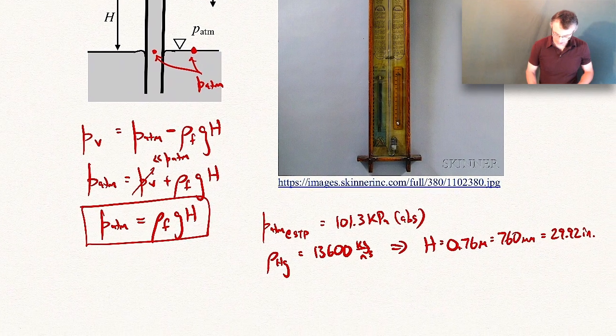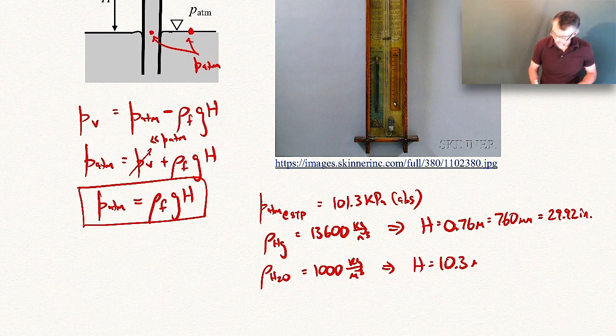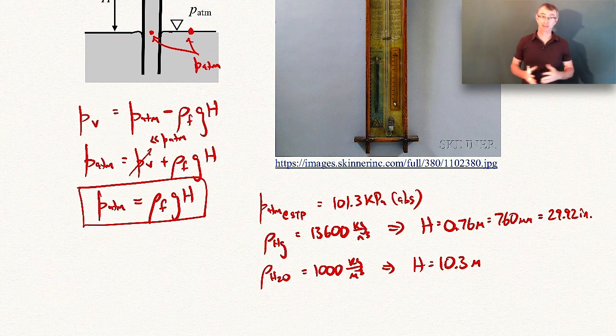It's a convenient height to work with. Let's see what we get when we deal with water. If you use water, which is 1,000 kilograms per cubic meter, the corresponding height comes out to be 10.3 meters. Well, 10.3 meters is a pretty big distance. That's the height of roughly a 3-story-plus building. It's very tall, something like 34 feet.